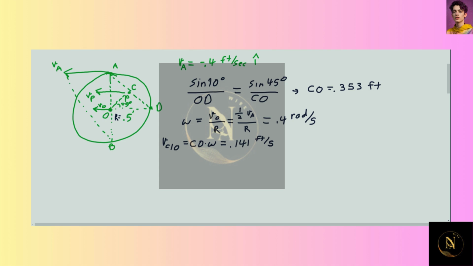We can then draw a velocity diagram to help us diagnose the situation a little bit. We have the velocity of point C, which will be moving up and to the left, because C is free to move along this line here.